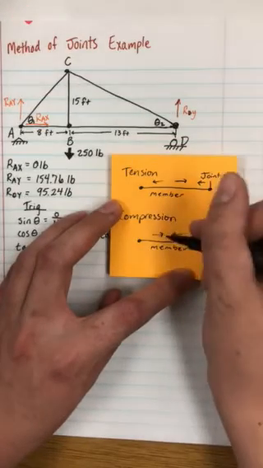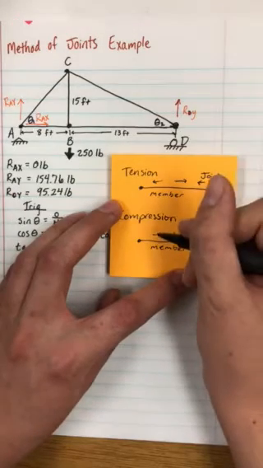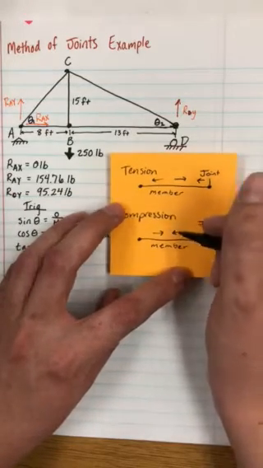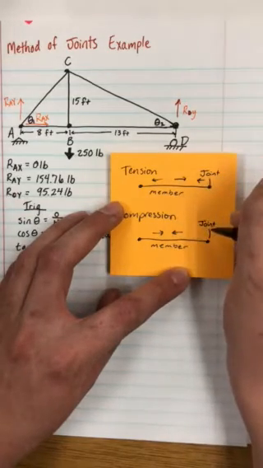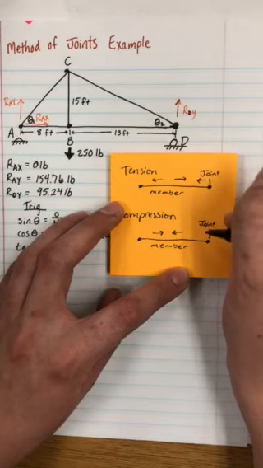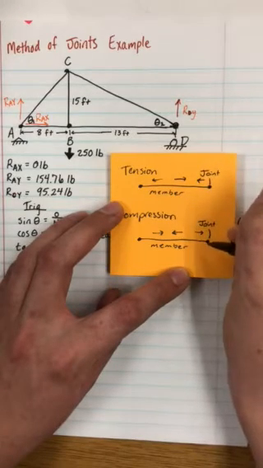Same thing with compression. The compression for a member in the truss system means that the internal components are going to be pushed together. So if the member is experiencing compression, then at the joint, it's going to experience an equal and opposite force going in toward the joint.